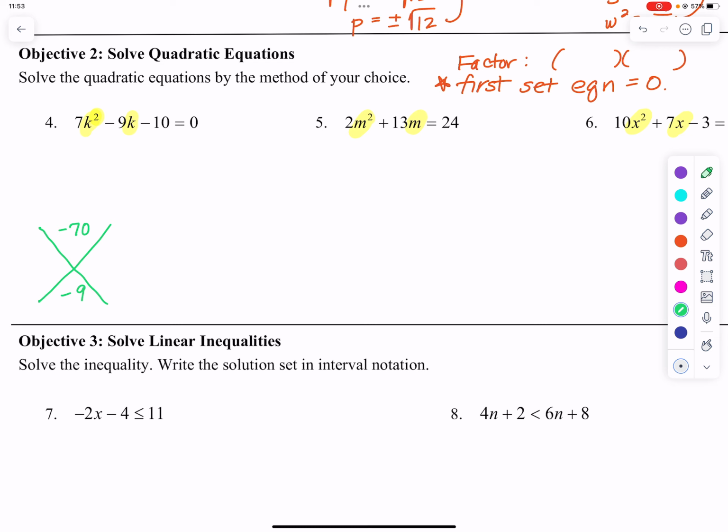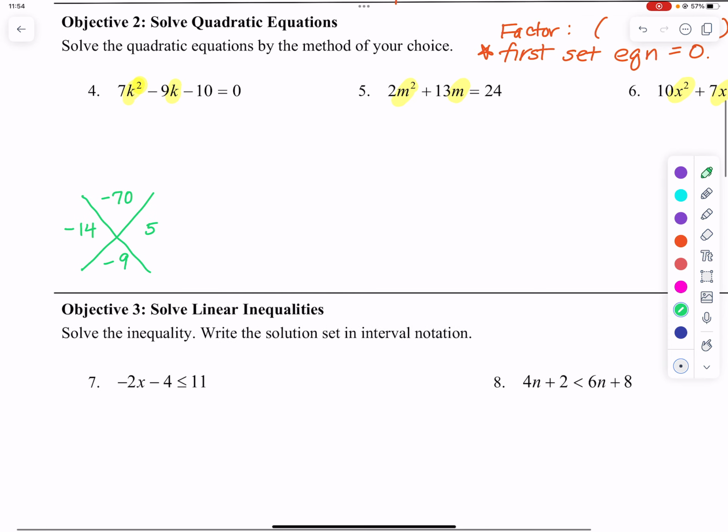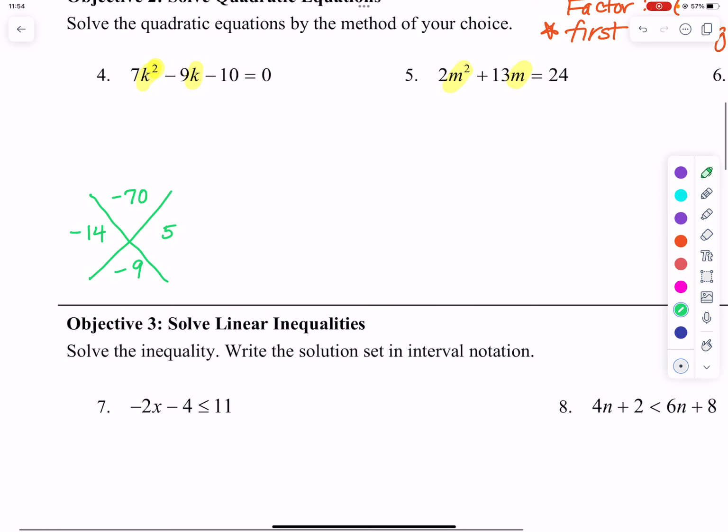You could take a calculator and play with the numbers. But if you see that 70 is 14 times 5, you will want to write those down, a 14 and a 5. And adding those up, you'll want that negative to be the 14. So negative 14 times 5 is a negative 70. Negative 14 plus 5 is a negative 9. So we definitely have those correct.